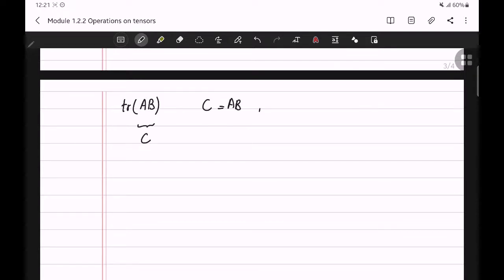In index notation, Cij is equal to AimBmj. And if I define the trace of C, it is equal to Cii, which means it is equal to AimBmi.